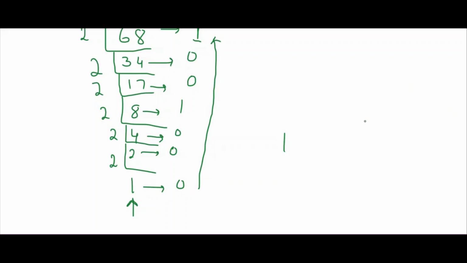We will say 1, then we have 0, 0, 0, 1, 0, 0, 1, base 2. So that means 137 base 10 is equal to 1001 base 2. And that's how we convert decimal numbers into binary.